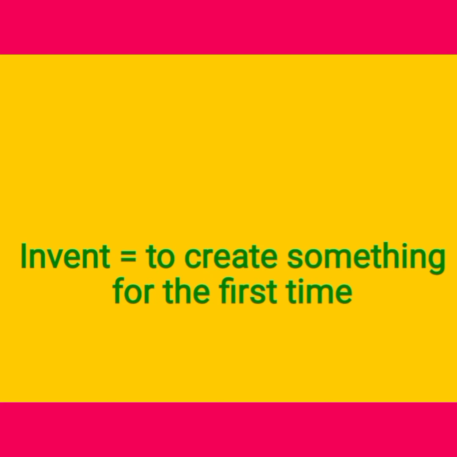Invent means to create something for the first time. If we invent anything, if we find out anything for the first time, that is called invent. Okay, children? Now see.